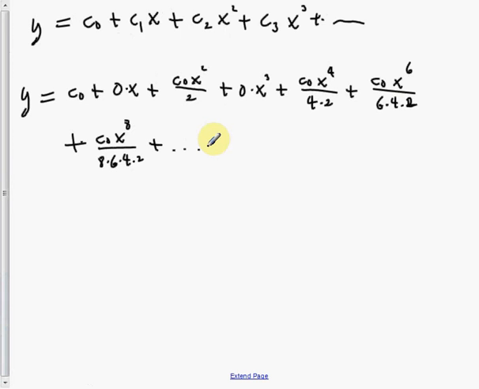So basically that's 2 times n factorial downstairs, right? So this is plus c naught times x to the 2n all over 2n factorial.